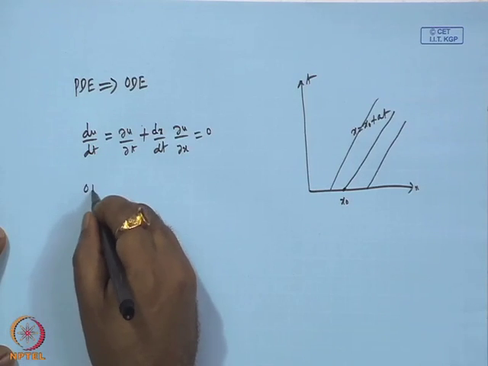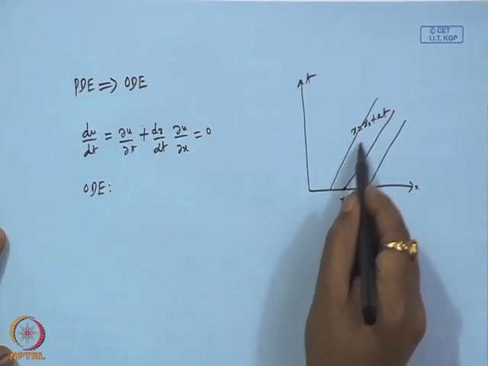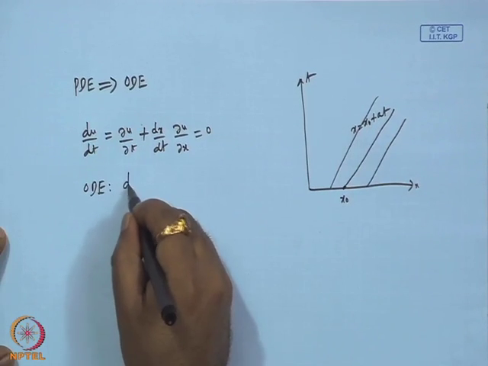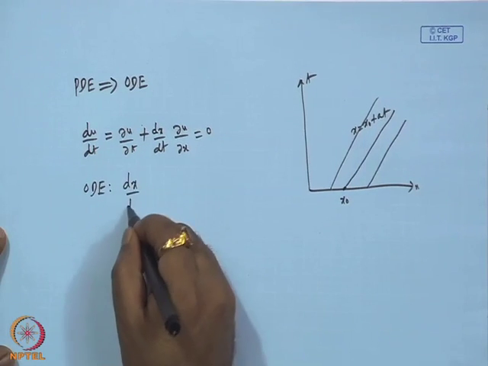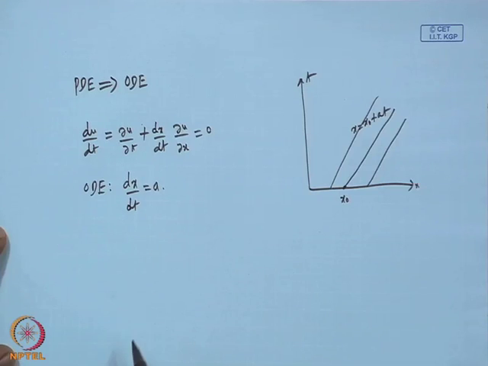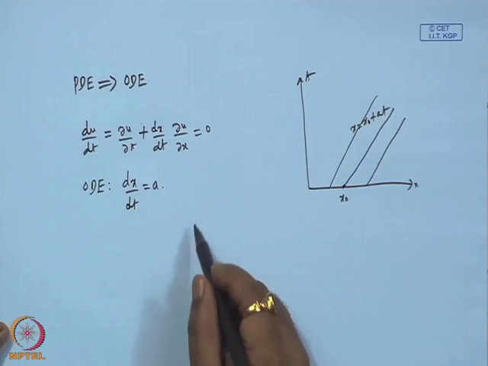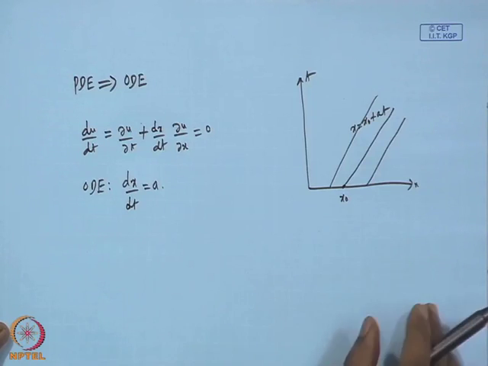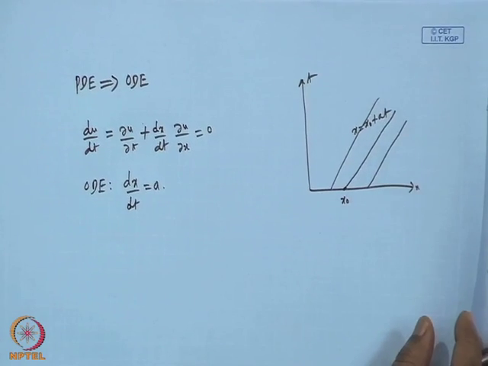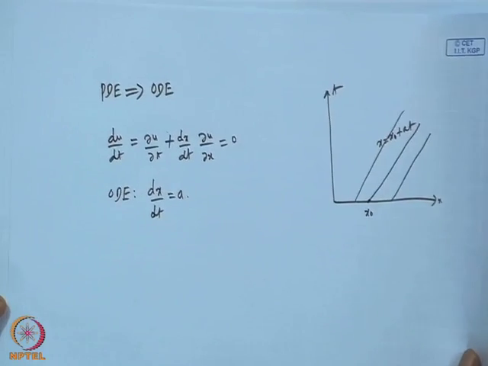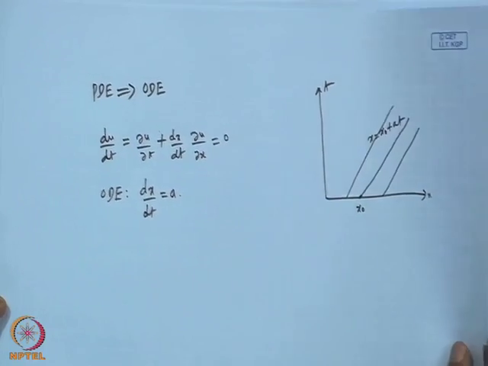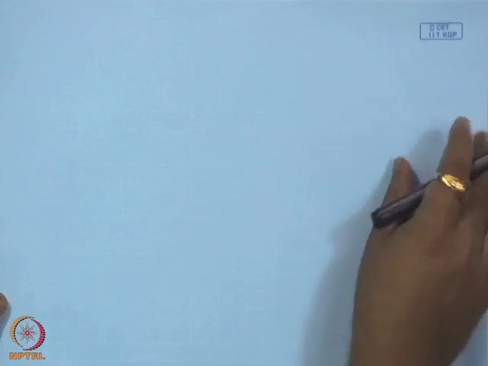The ODE is, you see here A, dx by dt equals A. Now, similar to second order, we would like to discuss briefly how we proceed to compute the solution along characteristics.